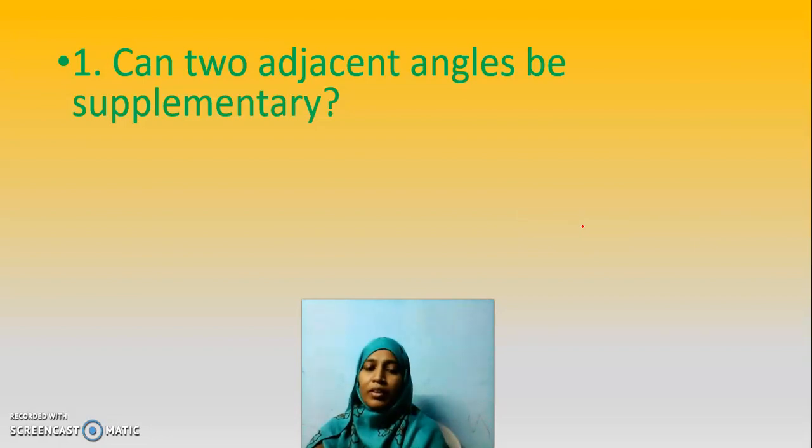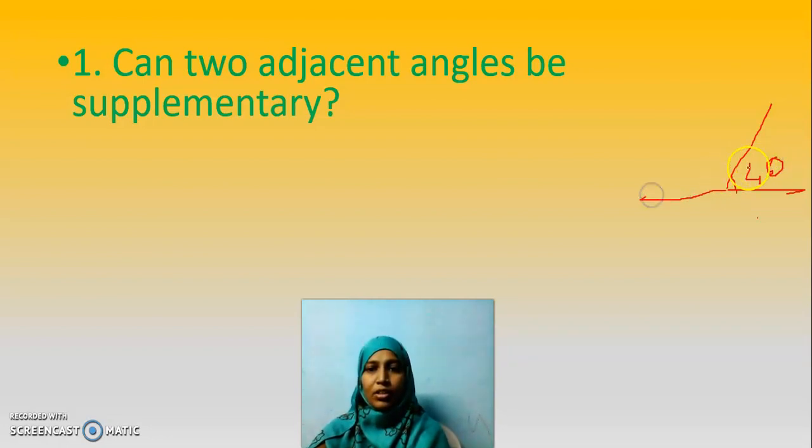Think about it. Yes, we can have supplementary angles. If I have an angle here as 40 degrees, and I have another angle as 140 degrees.